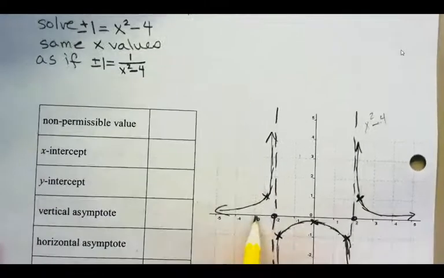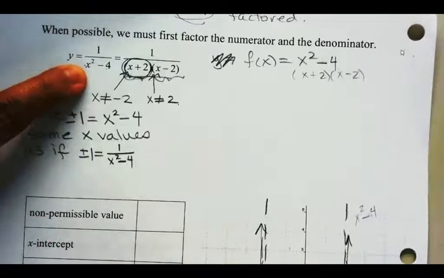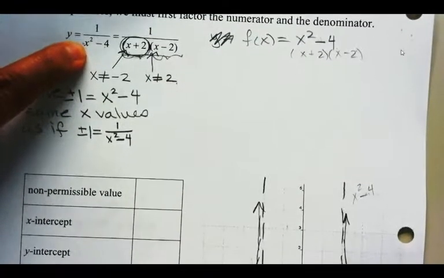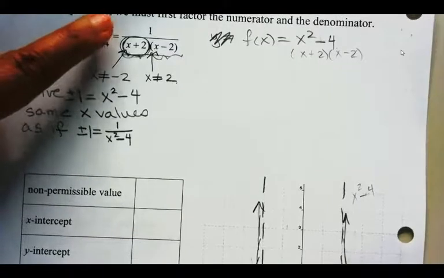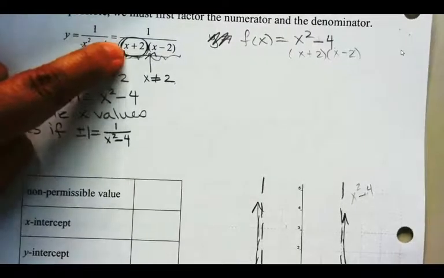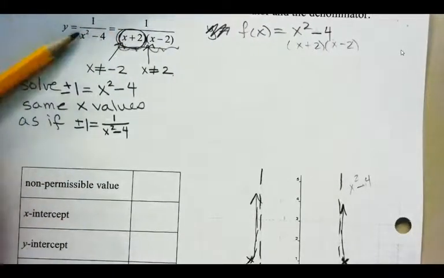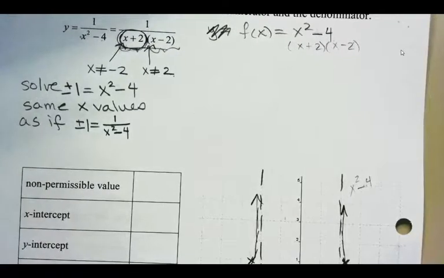You could say plug x equals -3 into here. Plug x equals -1. Plug x equals 0. Plug x equals +3. You could just plug points into the original equation, make a table of values, plot points, and go.